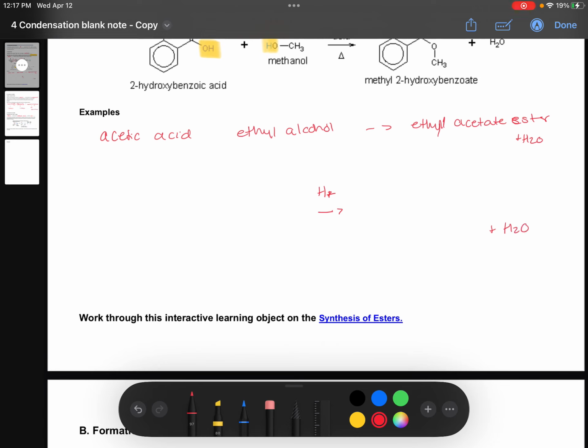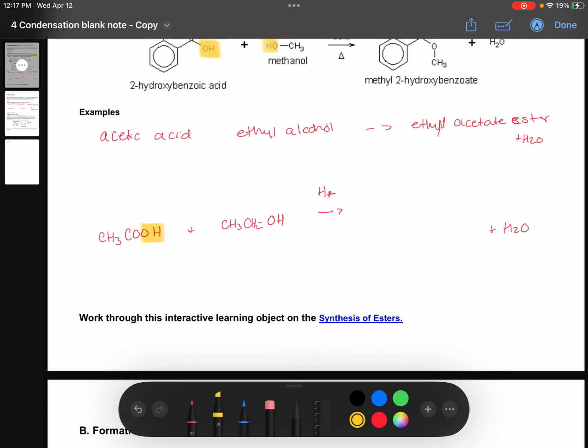So our acetic acid, as always, has COOH, and then on our carbon, we have CH3. This reacts with our ethyl alcohol. Our alcohol always is OH with CH2, CH3. This reacts to produce our ethyl acetate.